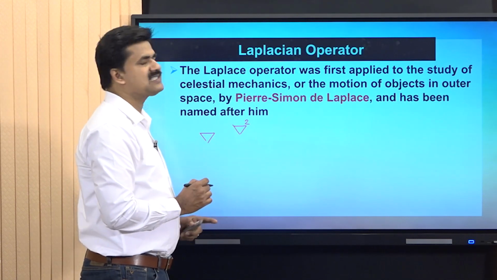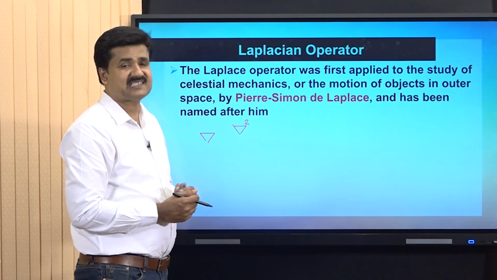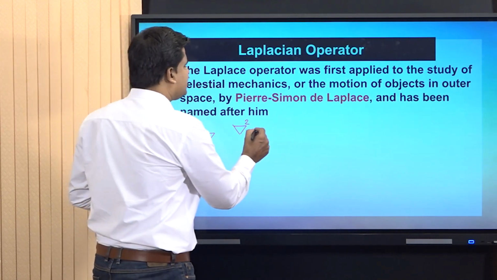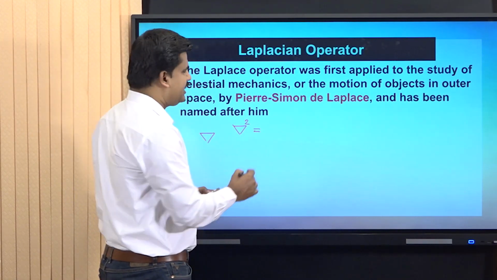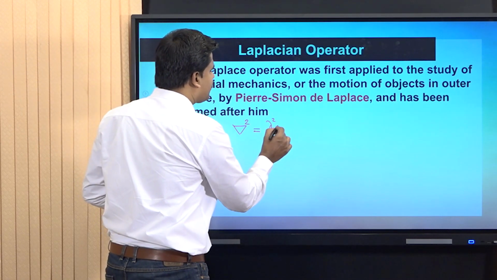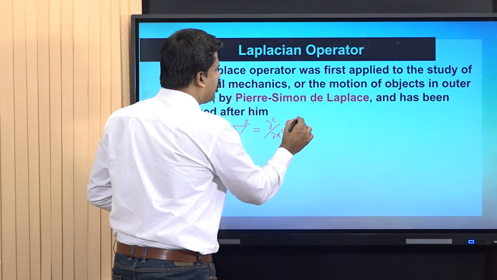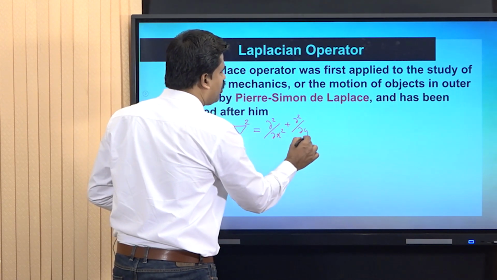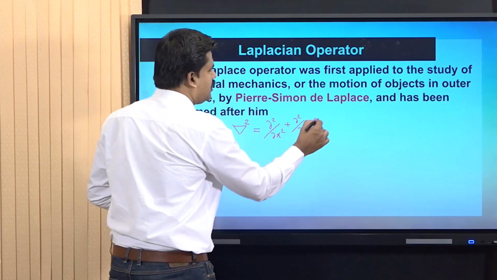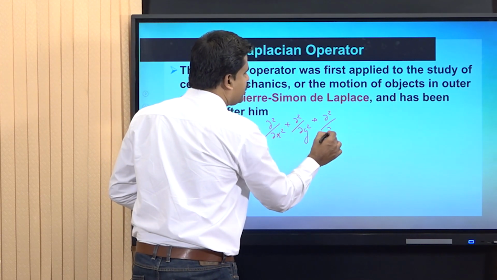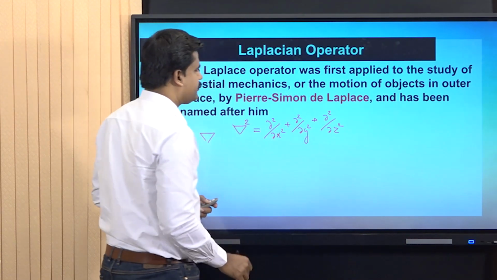The Laplace's operator is del square, and this is mathematically ∂²/∂x² + ∂²/∂y² + ∂²/∂z².